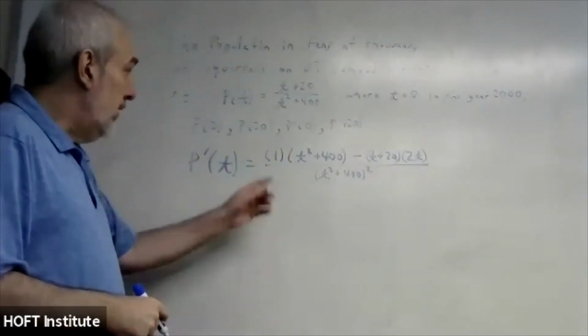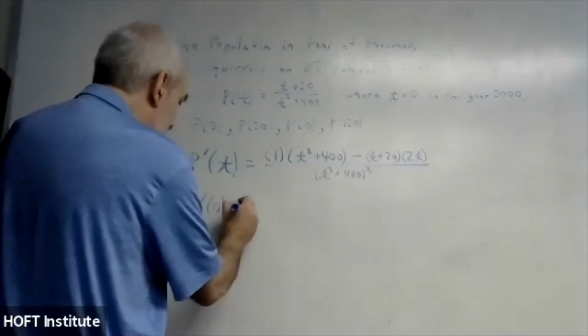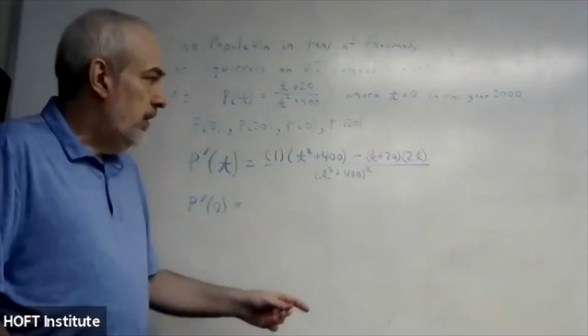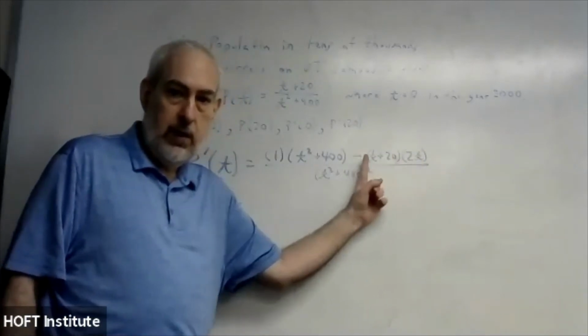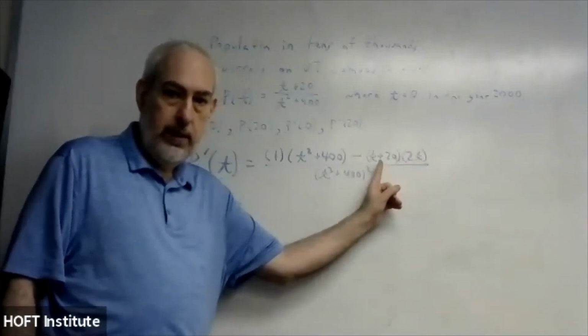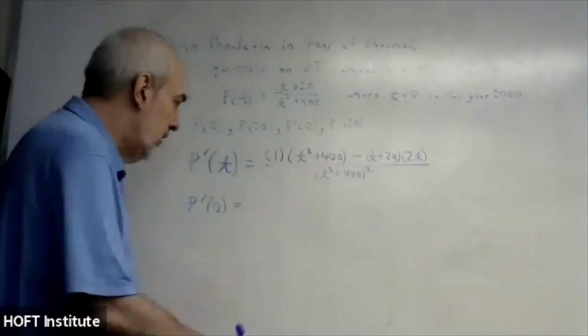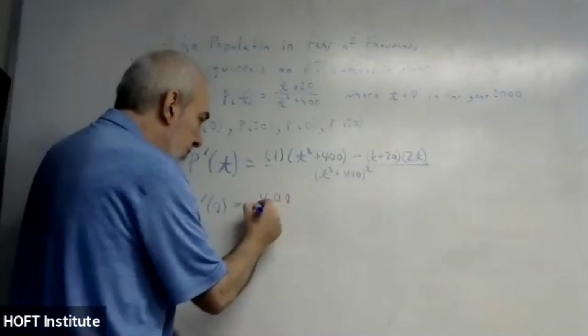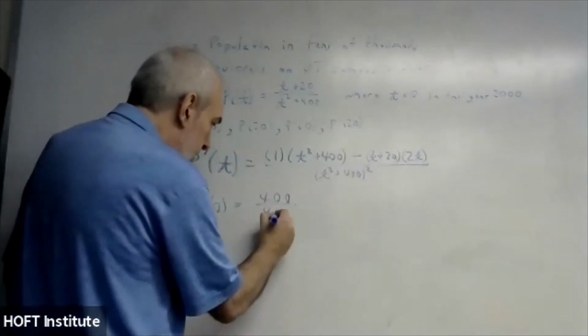Okay. Next, what is the derivative of p at 0? So if we simply plug in 0 for t, notice that this is 0, and 0 times anything is 0. So this part goes away completely, which is nice. And 0 here makes the numerator go to 400. The denominator is 400 squared.